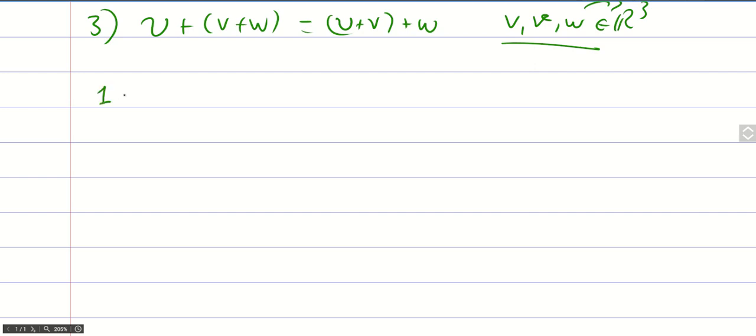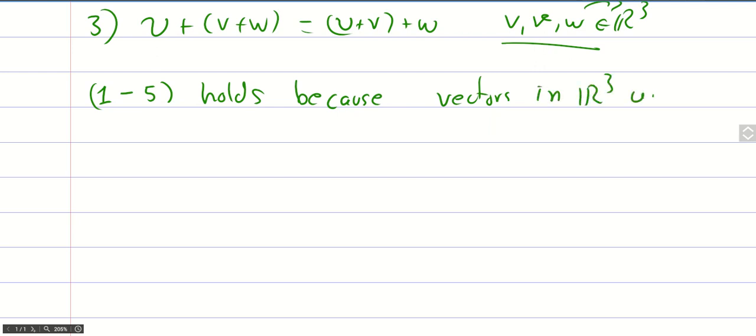So the axioms from 1 to the 5th hold because they are vectors in R3 with the usual addition operation. Sorry for the bad writing here.